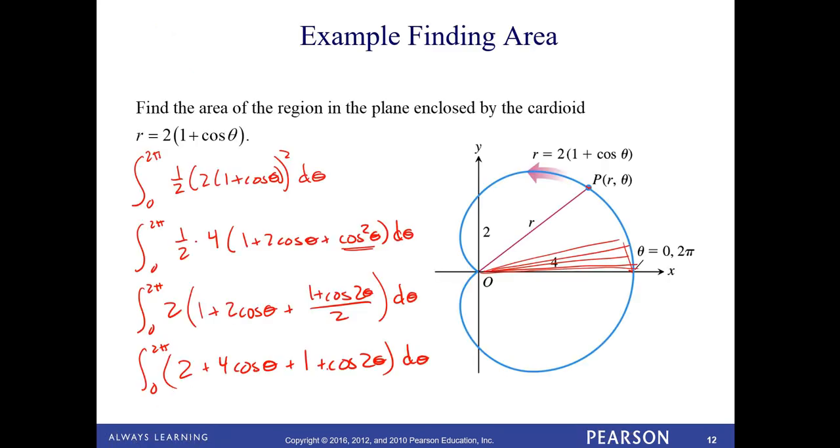So I left off at the integral from 0 to 2 pi, combining like terms, the 2 and the 1 together. I'm going to get 3 plus 4 cos theta plus cos of 2 theta d theta.